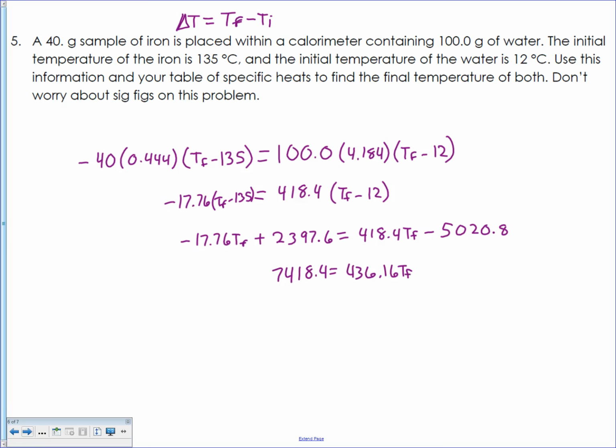Divide both sides by 436.16, and we get 17.0 degrees Celsius equals TF. And that is the final answer there.